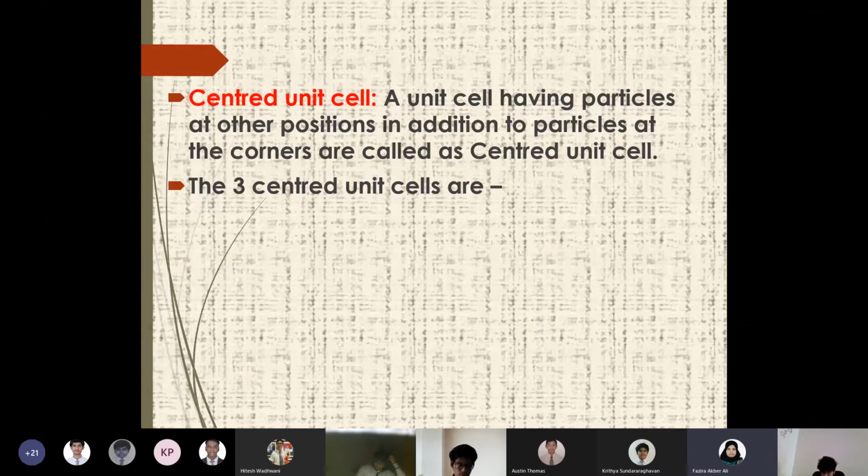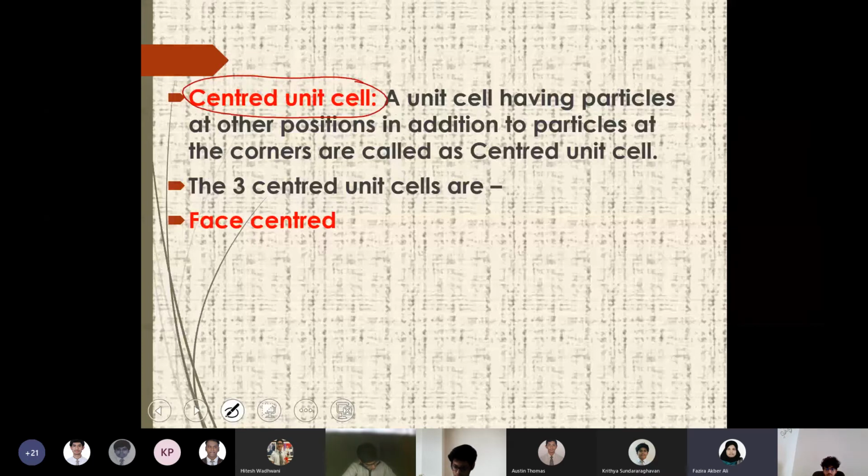In the primitive unit cell, there are already 8 particles at the corners of a cube. Other than that, if there are other particles present in the cube, then they come under the centered unit cell. I repeat, in a simple cubic or primitive unit cell, there are 8 atoms at the corners of the unit cell.